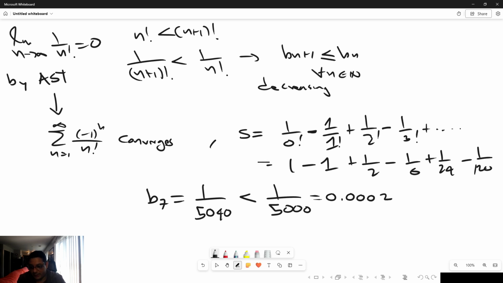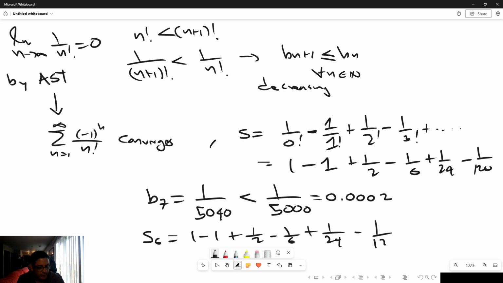And now the sum up to 6 is just 1 minus 1 plus 1/2 minus 1 over 6 plus 1 over 24 minus 1 over 120 plus 1 over 720, which when I add that with the calculator, is like 0.368. So it's a very small number itself.